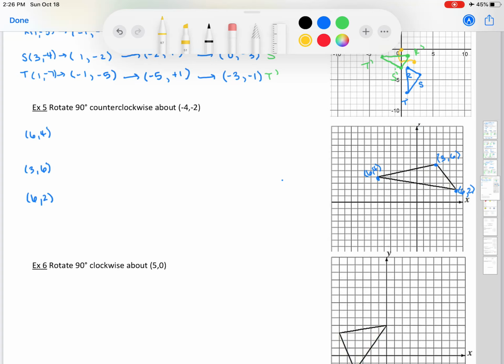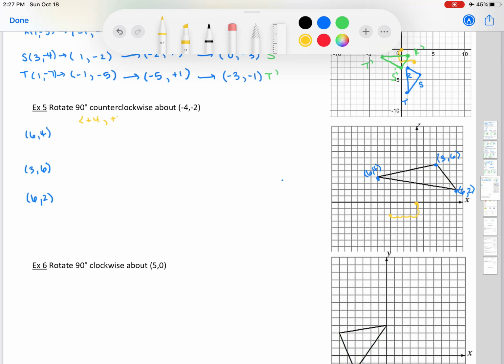So because I'm rotating 90 degrees counterclockwise about a point, I'm rotating it around the point -4, -2. I need to start by thinking of a translation vector that would move me back to 0, 0. So all of my x's need to go to the right 1, 2, 3, 4.